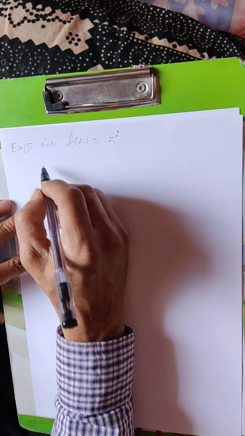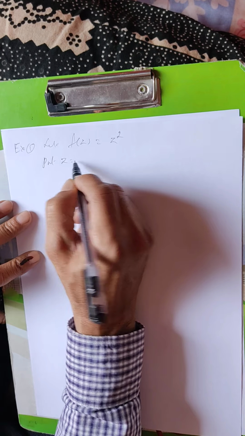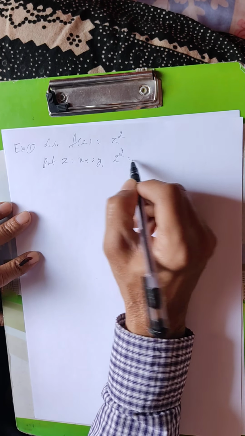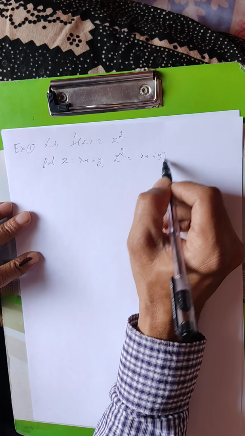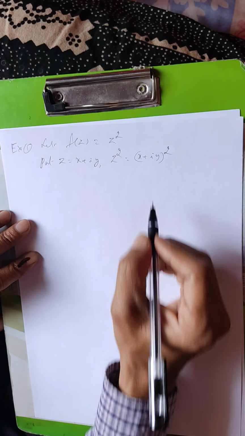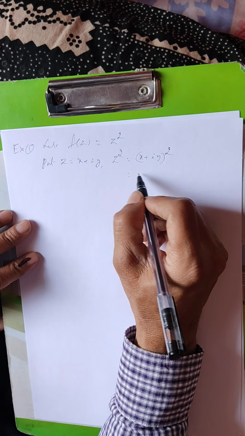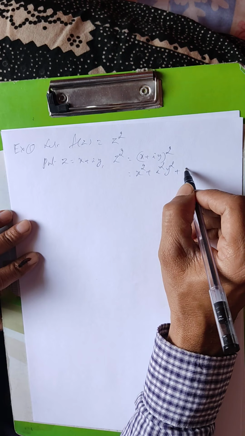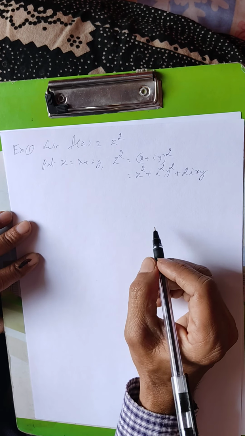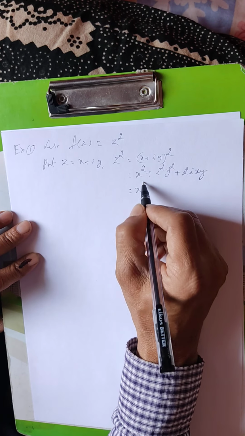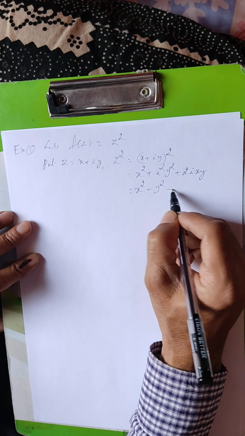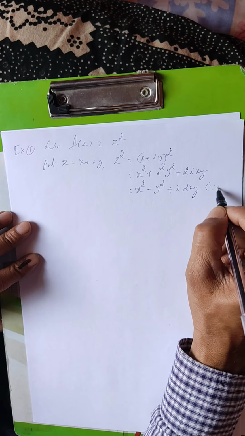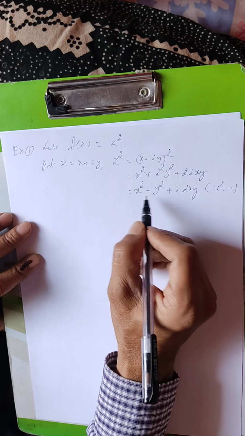Here if we substitute z = x + iy, then z² = (x + iy)². It is like (a + b) whole square. Expand it, we will get x² + i²y² + 2ixy, and it is equal to x² − y² + i(2xy), because you know that i² is equal to −1.